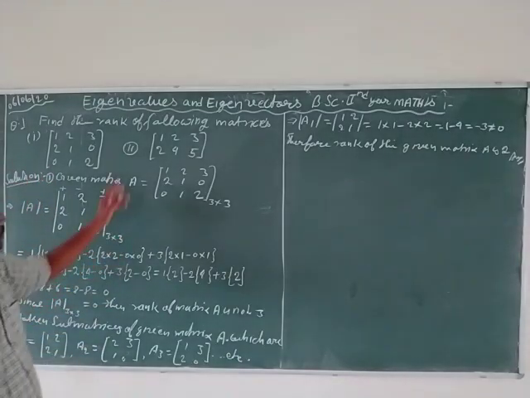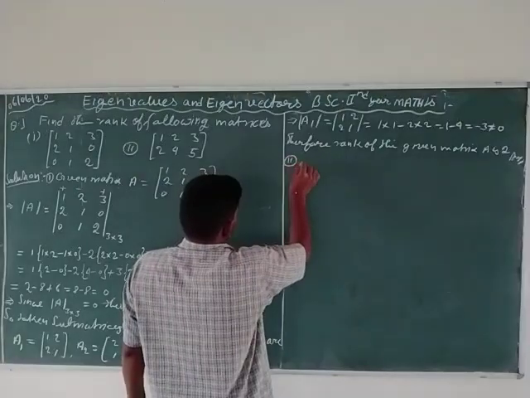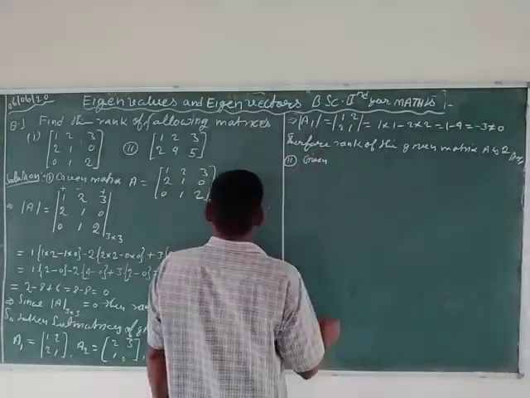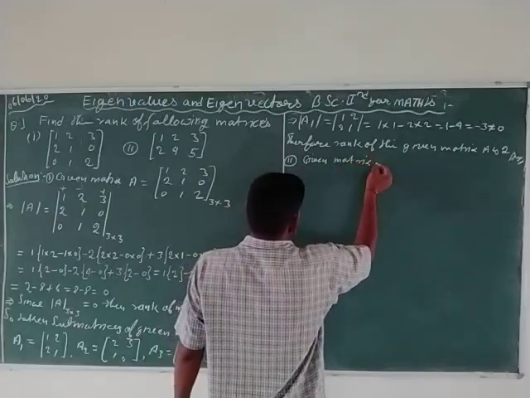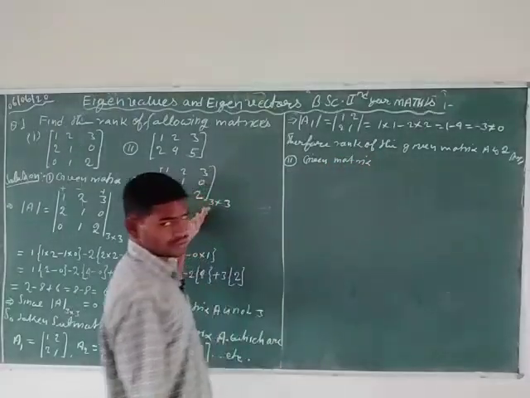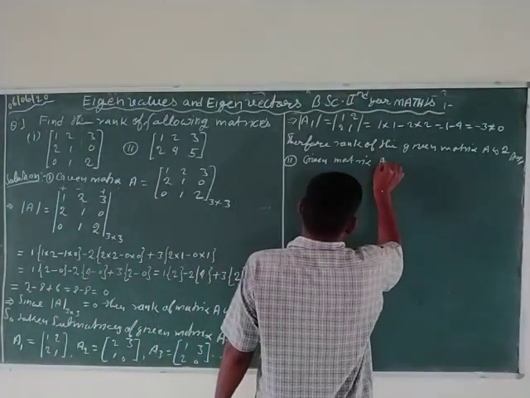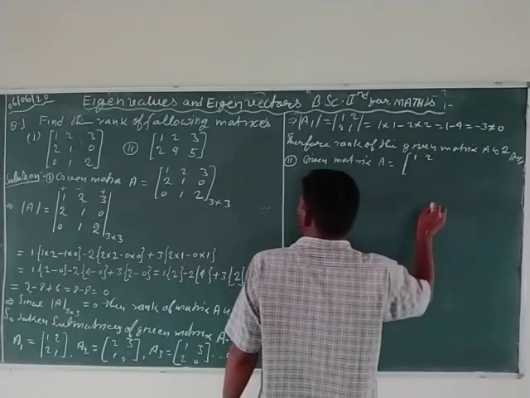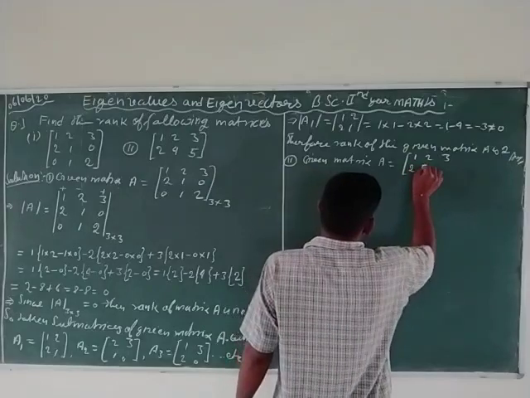Now consider the second question. Given matrix A, you can name it as you like. So the given matrix capital A is equal to 1 2 3 and 2 4 5.